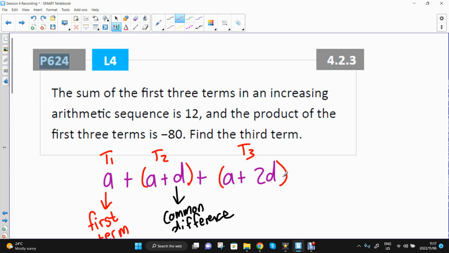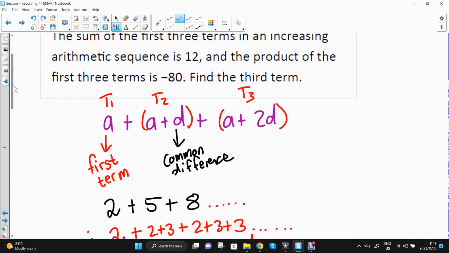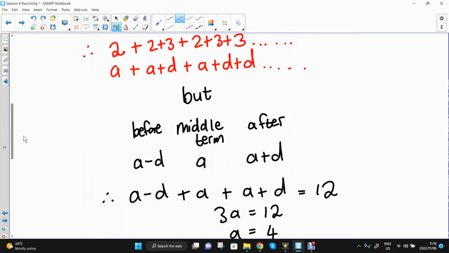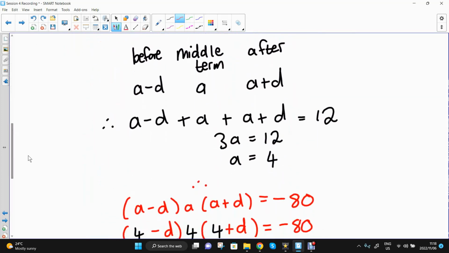Now, I am not going to use this exact same expression, because there's a quicker way to get to this. I'm going to use the same kind of idea, but I'm going to call my second term A. So I did not start with A as my first term.